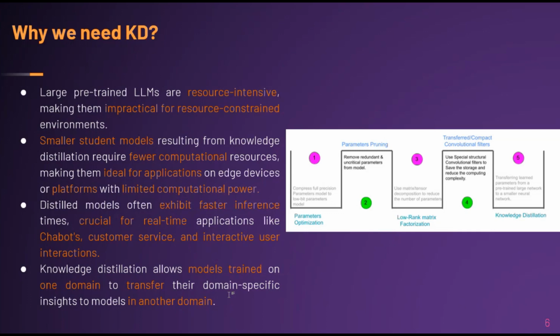And guess what, these student models are perfect for devices that are not the most powerful, like our trusty smartphones. Plus they are lightning fast, which is a great game changer for real time applications like chatting with bots or offering customer service. And did I mention they can also learn tricks from one domain and use them in another? So that's how some AI magic works here.